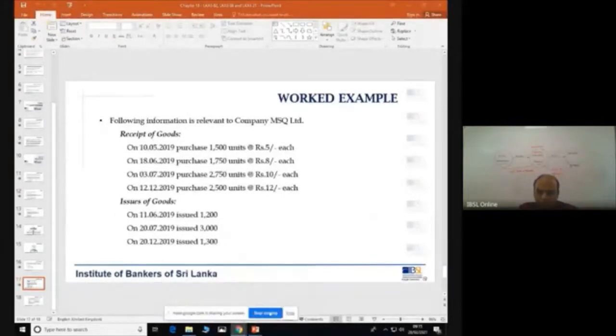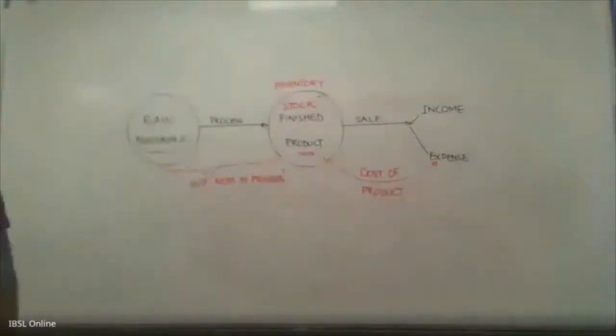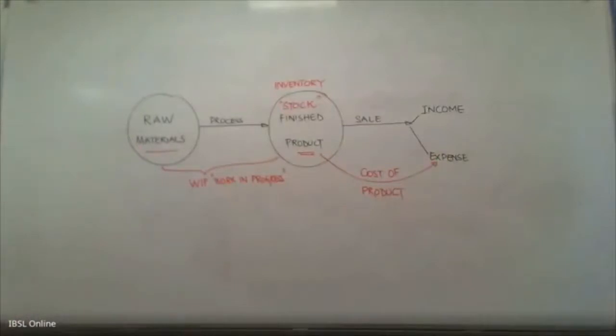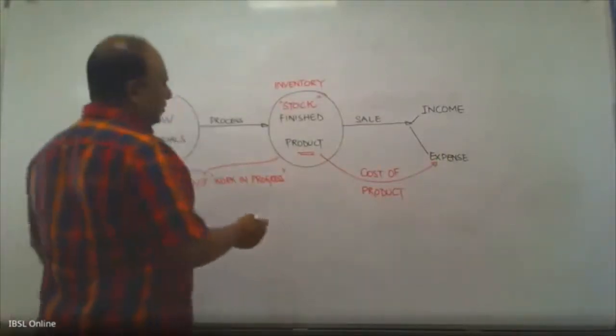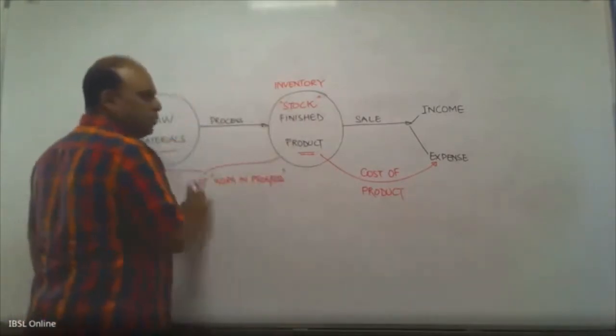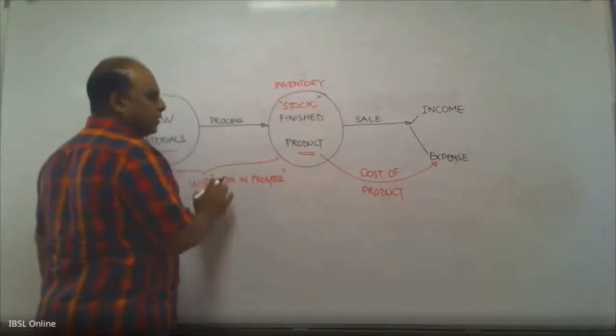Now I want you to look at the board. What do they say here? Okay, I'll make use of the same example. Let's say you have finished products now, right? Now finished products, this process will be continuously happening, right?